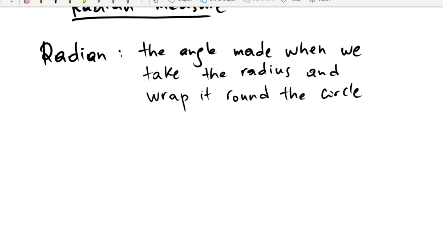Let's say we have a circle here. This is the center of our circle. That's the radius. If we take the same length, the arc length that we're going to draw here is actually about the same length as the radius.